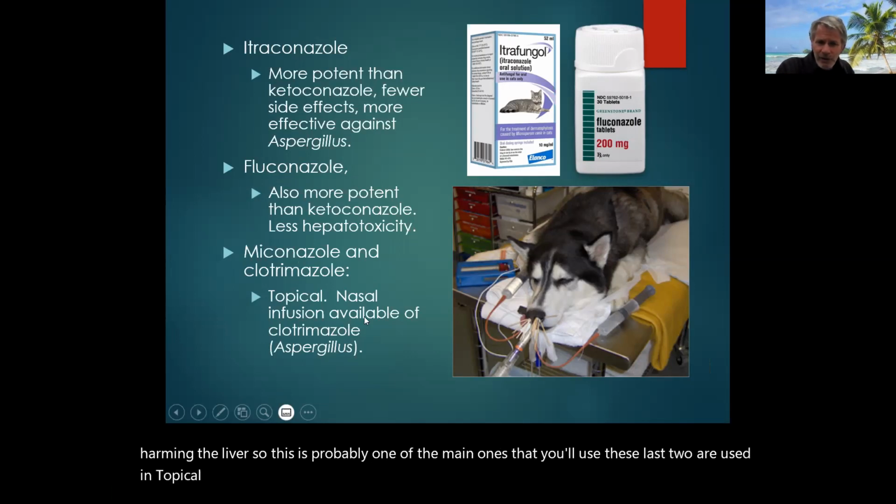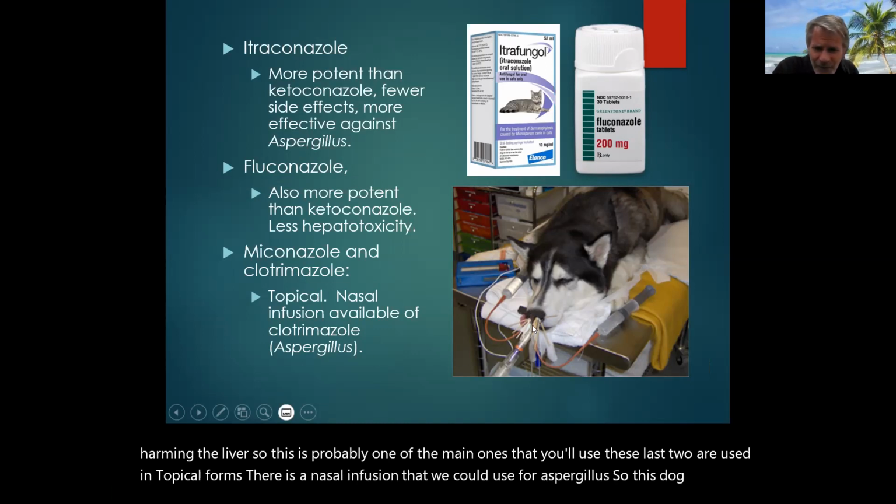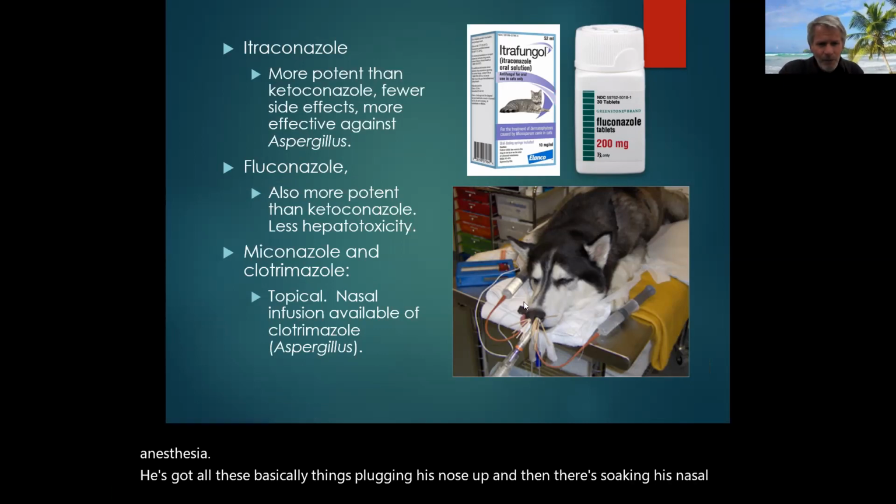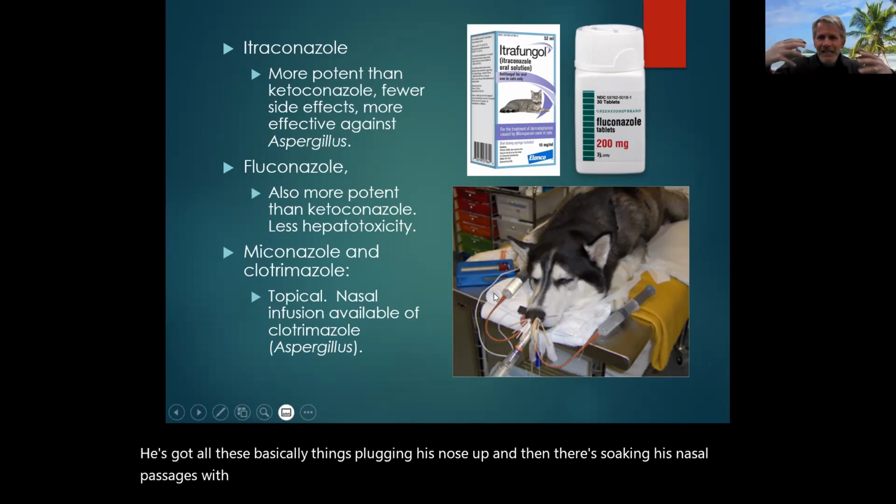There is a nasal infusion that we could use for aspergillus. So this dog is under anesthesia, and he's got all these basically things plugging his nose up, and then they're soaking his nasal passages with clotrimazole to kill that deep mycosis caused by aspergillus.